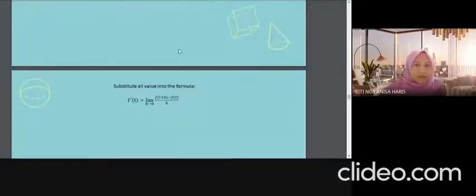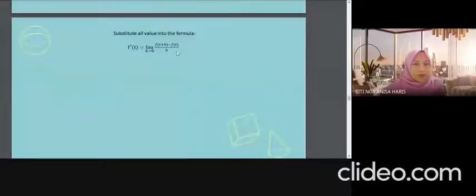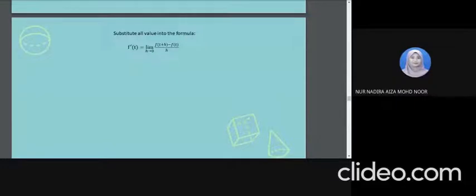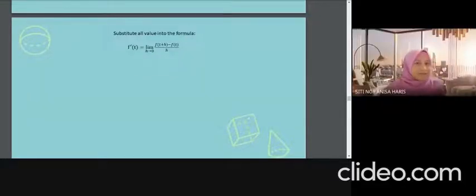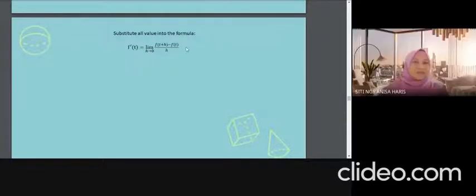So next, we need to substitute all the values into the formula. What is the value for our function of t plus h? t plus h squared. Good. And our value of the function of t is t squared.